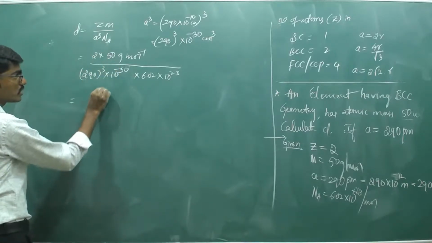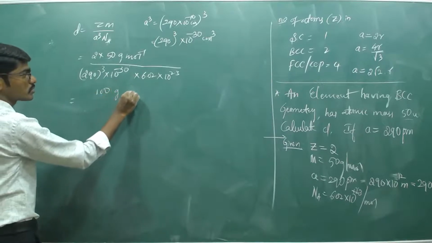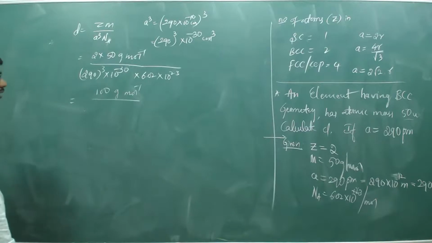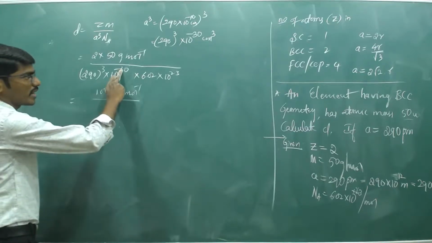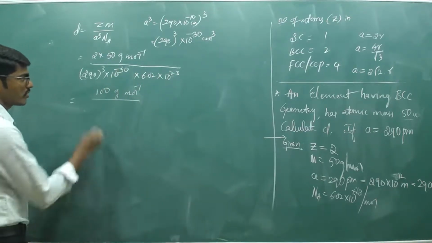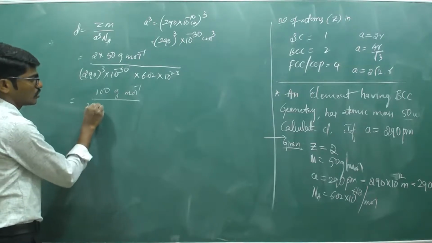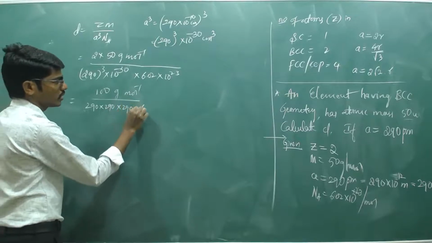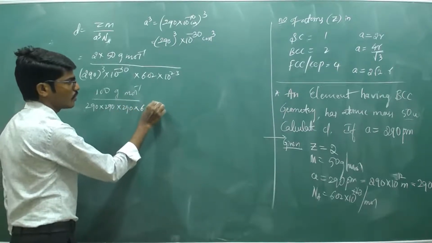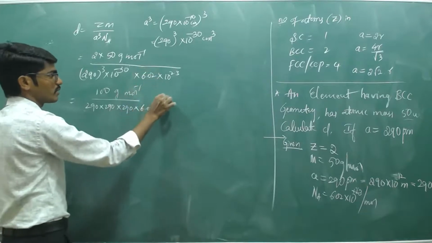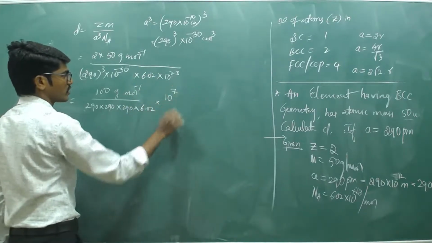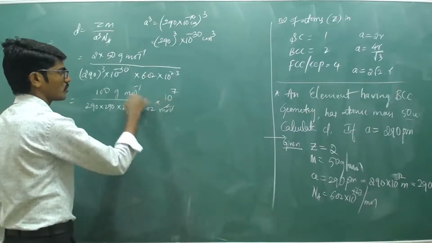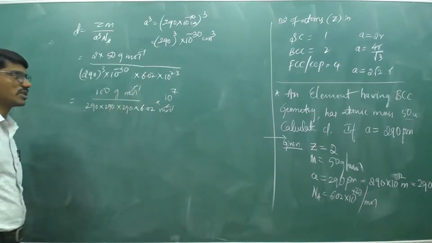It is 100 grams per mole divided by 290 into 290 into 290. 10 to the power minus 30 plus 23 is minus 7, and 6.02 into 10 to the power minus 7 becomes 10 to the power of plus 7, in grams per cm cube.